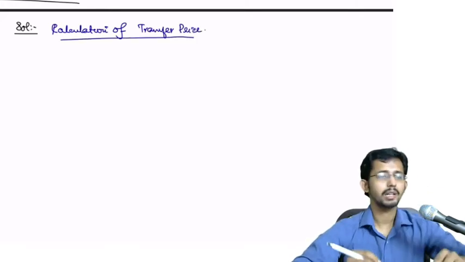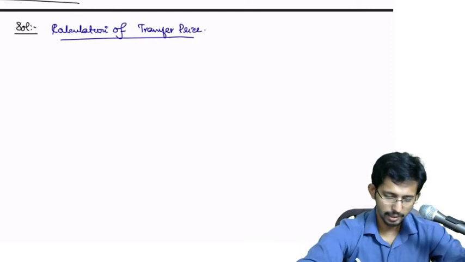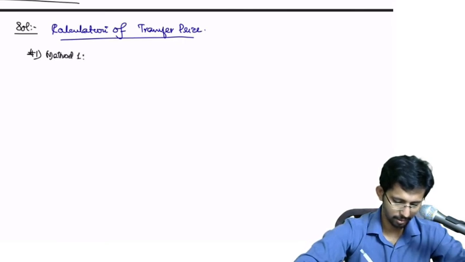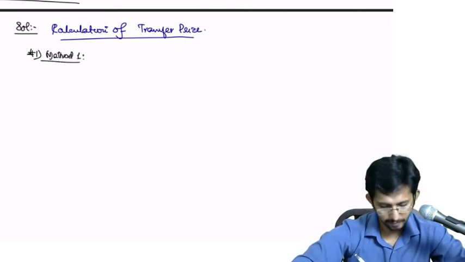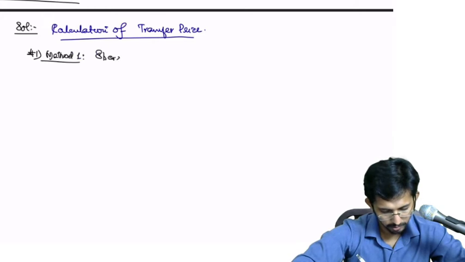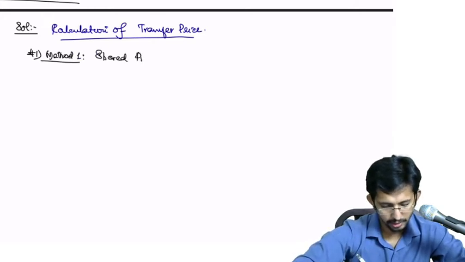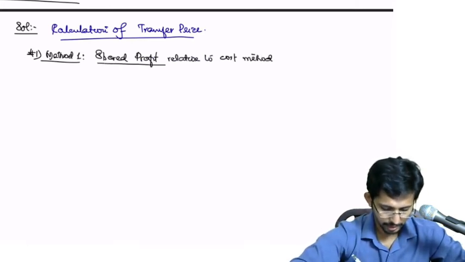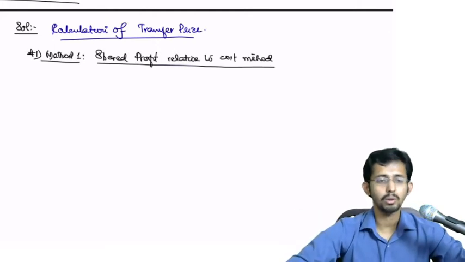Calculation of transfer price. In that, method 1, shared profit relative to cost method. Shared profit relative to cost method.